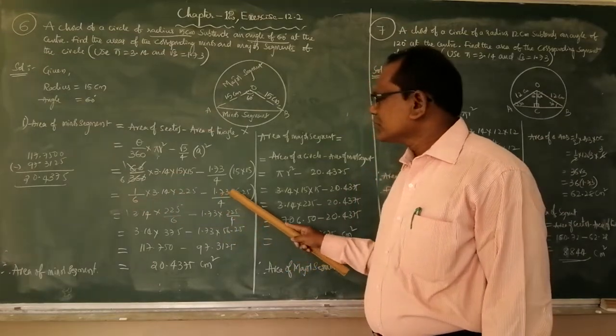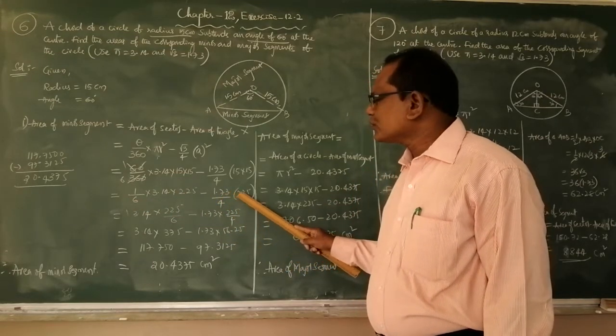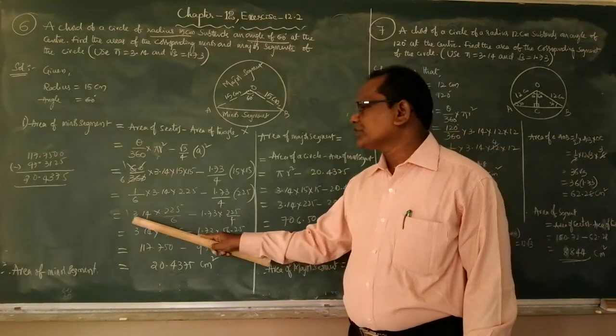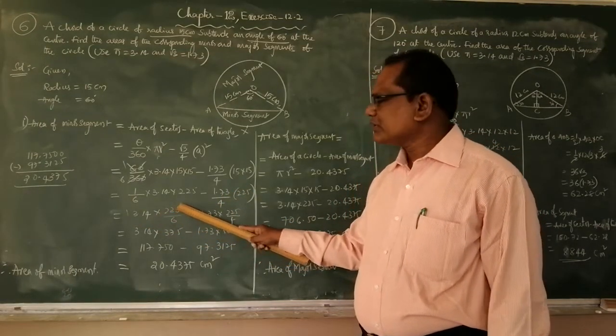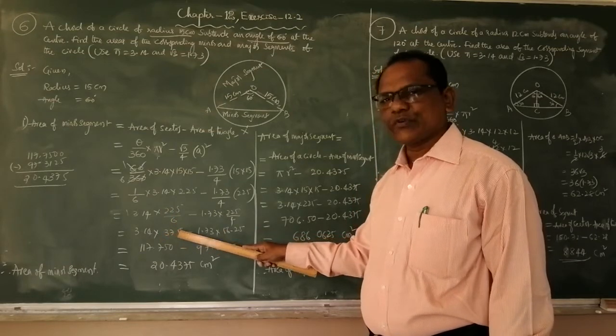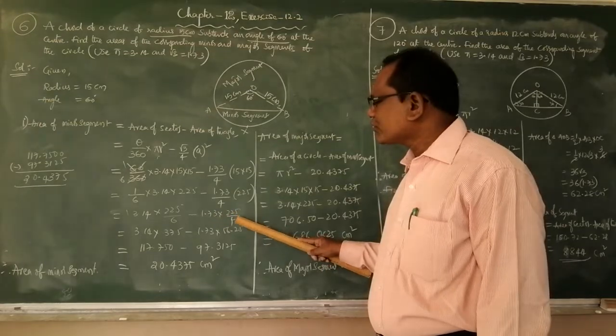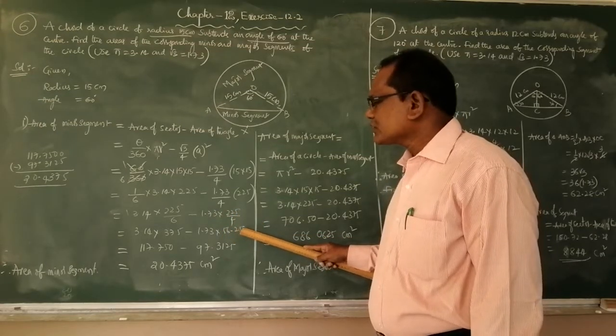Here also, 1.73 into 225 by 4. Now 3.14 into 225 by 6 means 37.5, and 1.73 into 225 by 4 means 56.25.